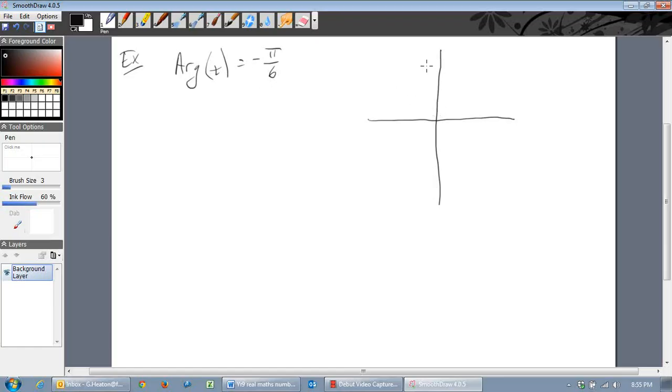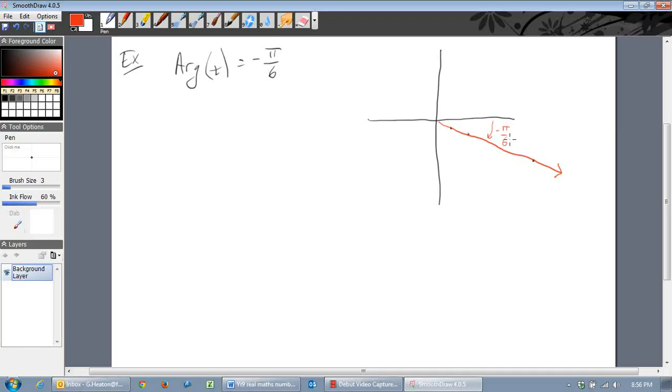Roughly here, negative pi on 6, so it'll be there, another point there, you might have a big radius out there, but basically it consists of all the points on this line here, and it goes out to infinity. How we write that is with a ray and with an arrowhead like that, because it just keeps going out and out.